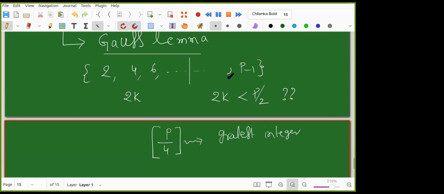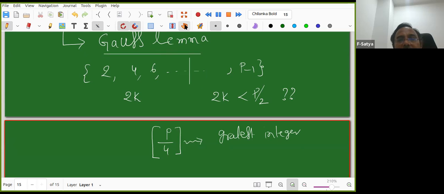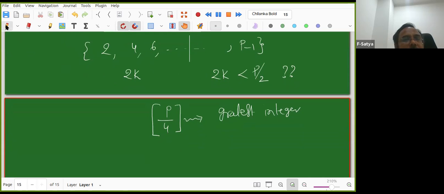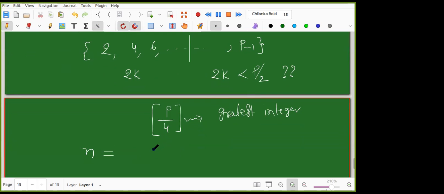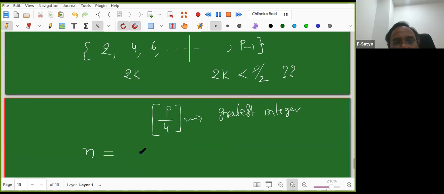Now can somebody tell me what is n in the Gauss lemma? How many are greater than p by 2? So who will help me? My n is how many of these numbers are greater than p by 2.